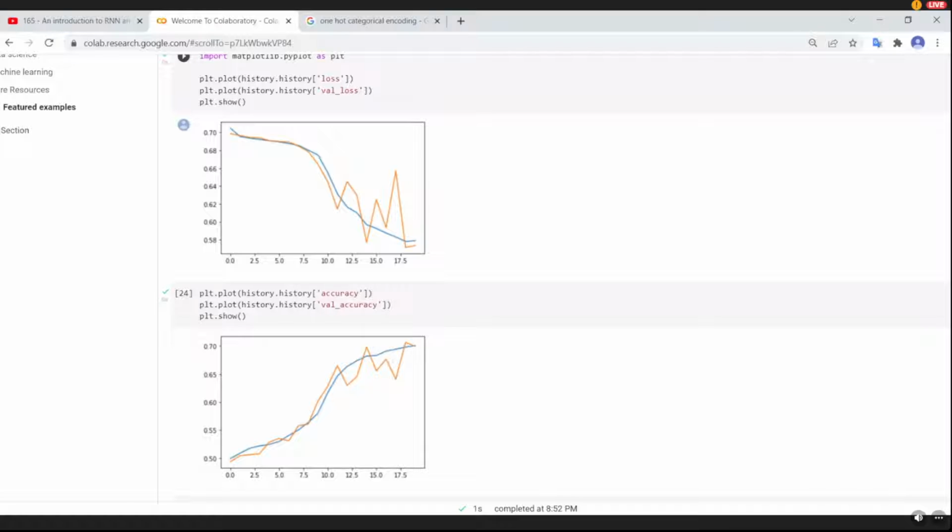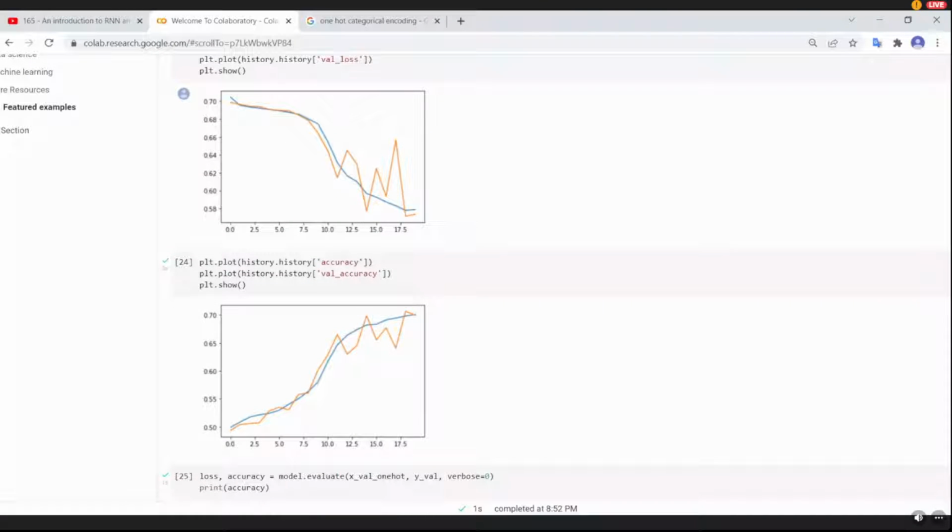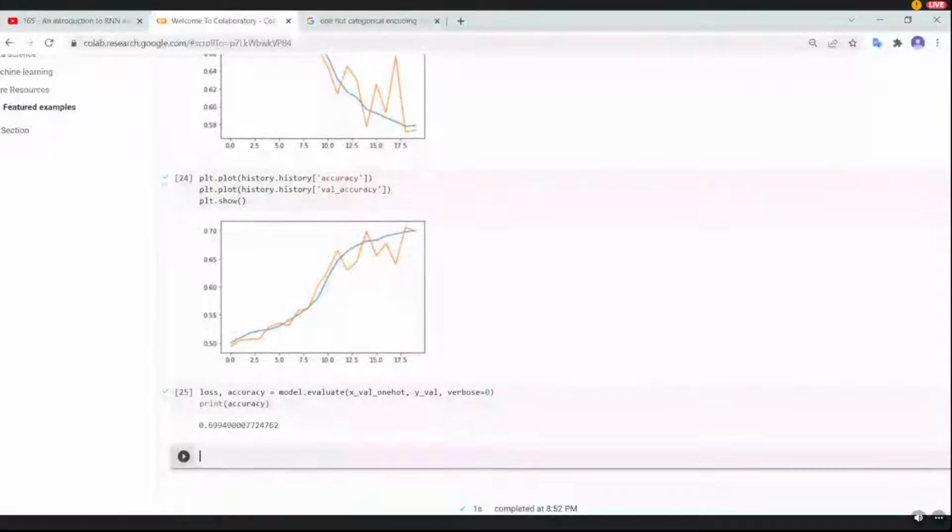The reason the accuracy is not very high is probably because the training dataset is not large, since we're only using 20,000. So I think that is the reason, but I think it went well.